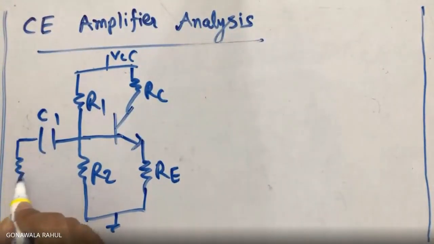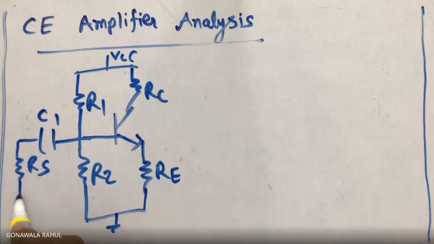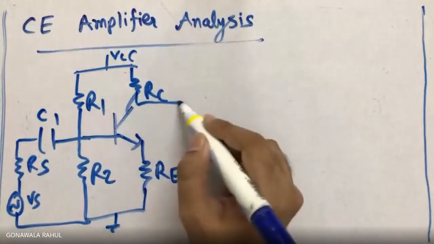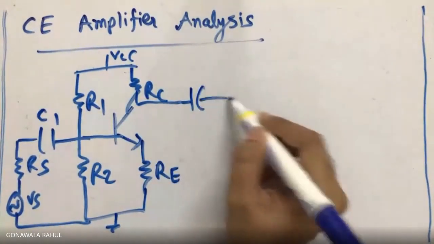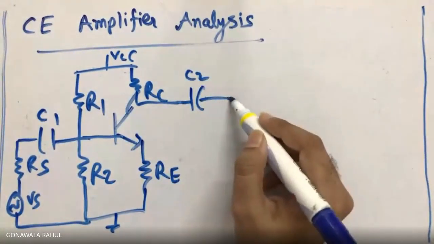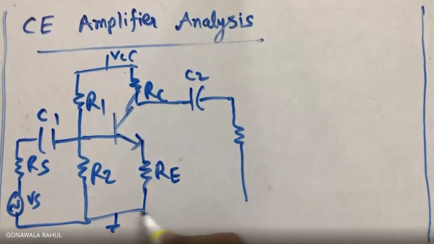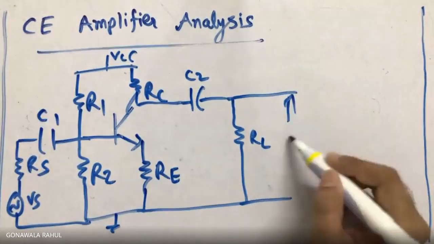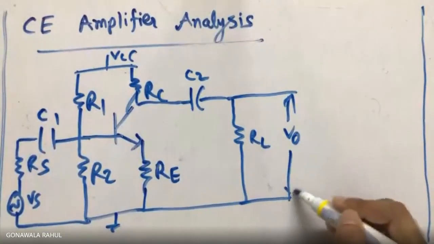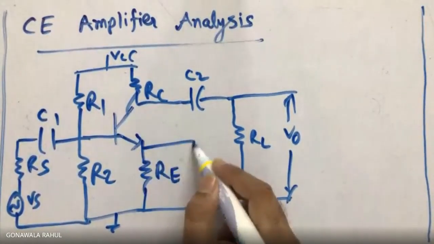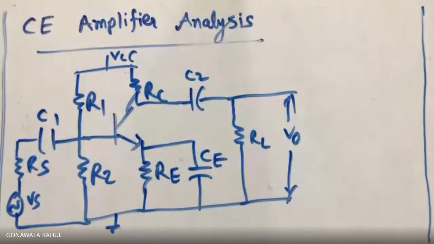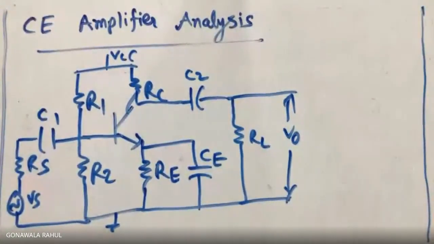Then we have RS, then we have the source VS. Then on this terminal we have coupling capacitor C2. Then we have load resistor RL, and across the load resistor we are going to find the output voltage. Here we have bypass capacitor CE, or let's say C3, whatever you want to name it. So this is the common emitter amplifier.